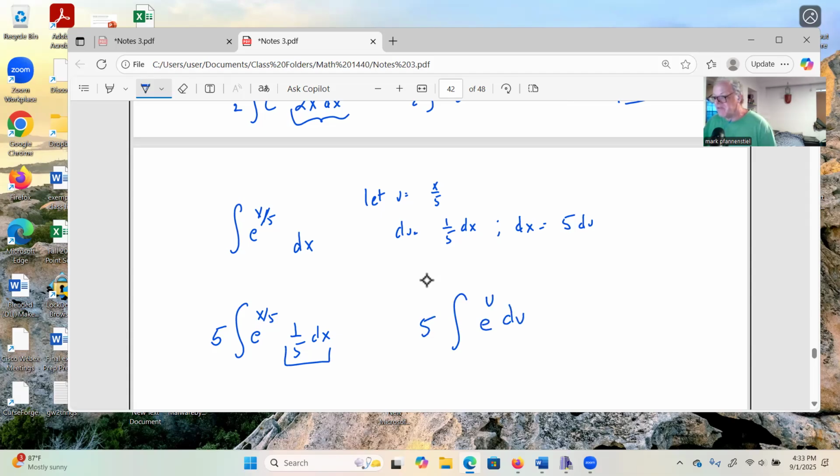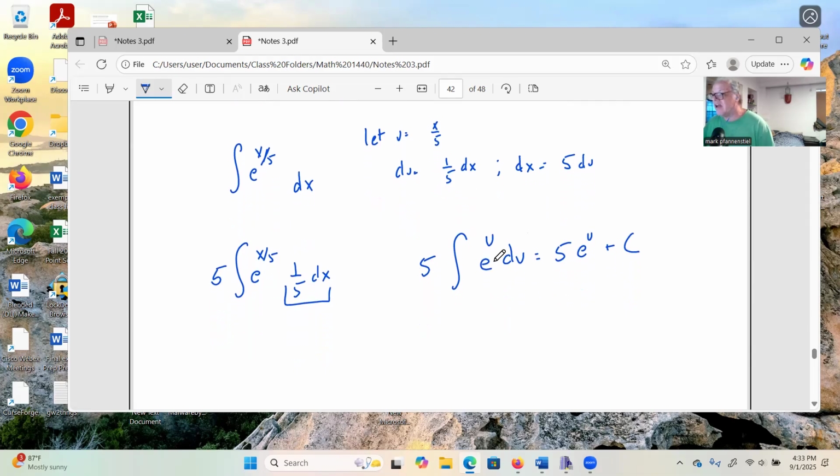There's a 5 out front because I flipped the integration. All right, integrating e to the u is very nice. So we end up with 5 e to the u plus c. And then we can say, okay, this is 5 e to the, what was u? e to the x over 5 plus c, and there's our answer, and we're set.